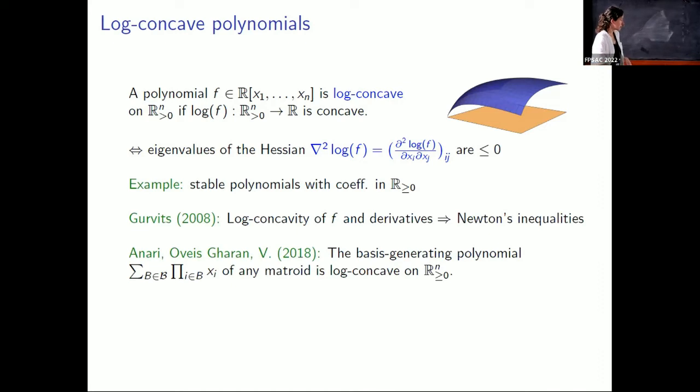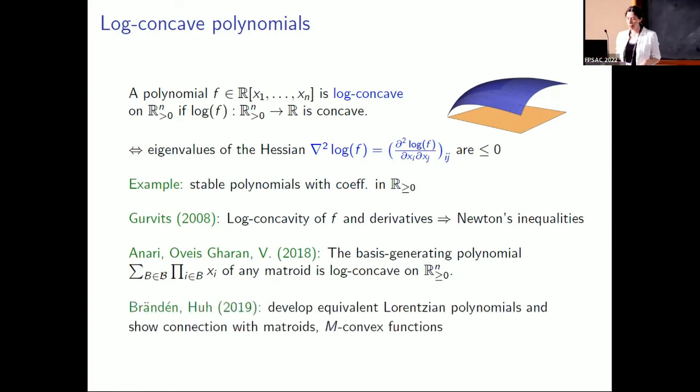And along with my collaborators, using the ideas of combinatorial Hodge theory, we showed that if you take the basis generating polynomial of any matroid, so to every basis you associate a monomial and sum them all up with coefficients 1, this polynomial is log-concave as a function on the positive orthant. And as I mentioned, Petter Brändén and June Huh developed an equivalent notion of Lorentzian polynomials and show the connection with matroids and also M-convex functions, which is a souped up version of matroids.